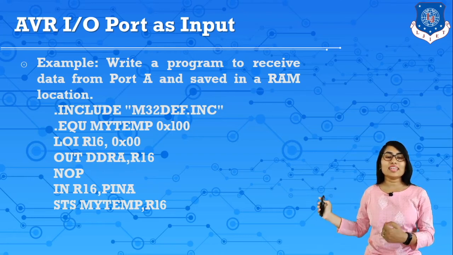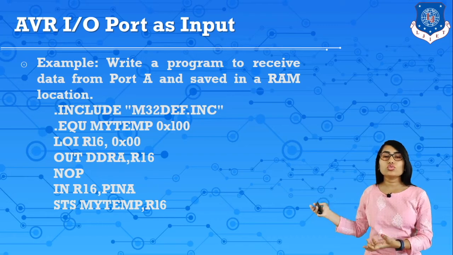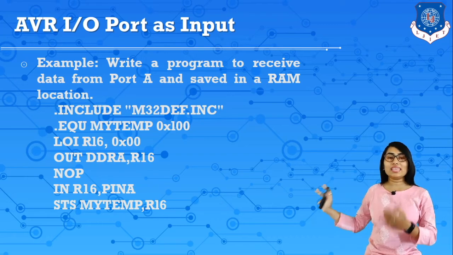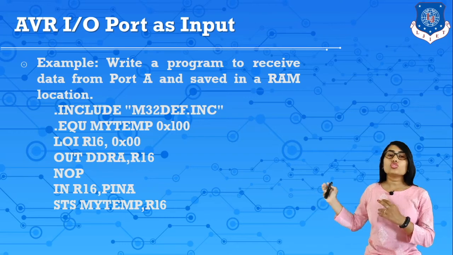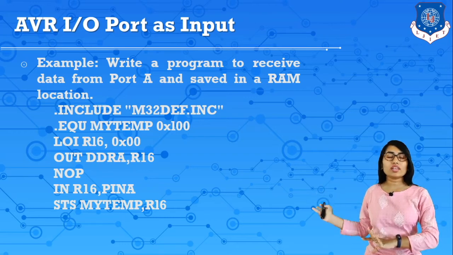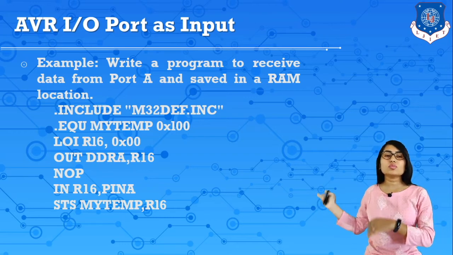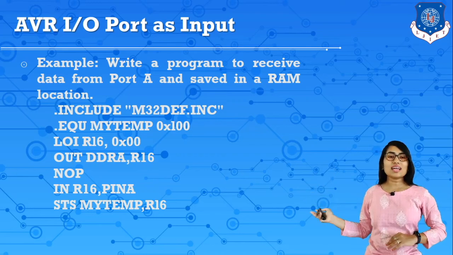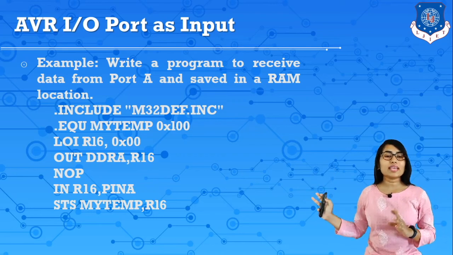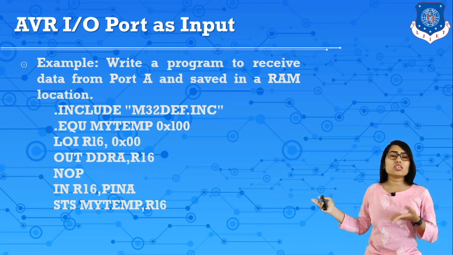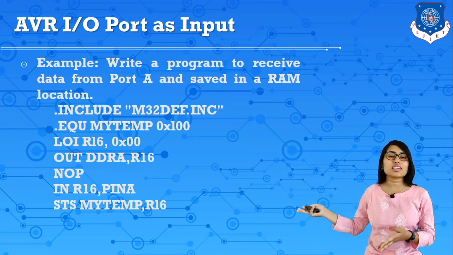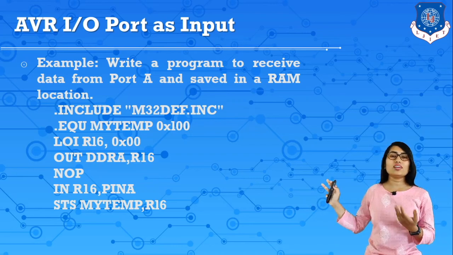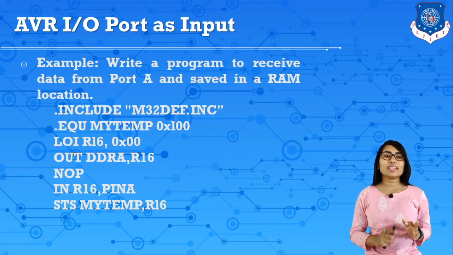Now to read data we have to use the IN instruction. So IN R16, PINA: whatever data is received at PIN A is copied into R16, and then we store the R16 contents at the mytemp location. Rather than using .equ mytemp, we can directly write STS 0x100, R16. So at any RAM location our data can be copied.